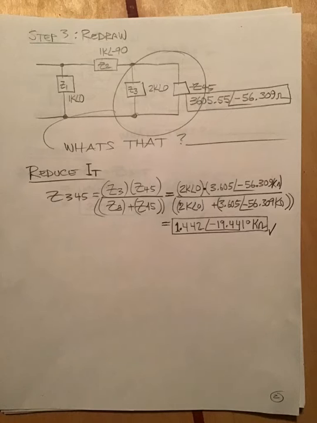Is it series or is it parallel? Take a look at it. These two resistors both touch on the bottom and they both touch on the top. These are definitely parallel. So we go off and use the parallel formula, which is right here, to calculate that.